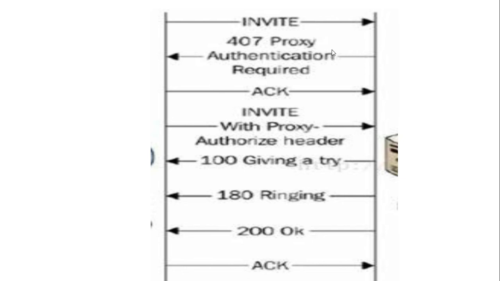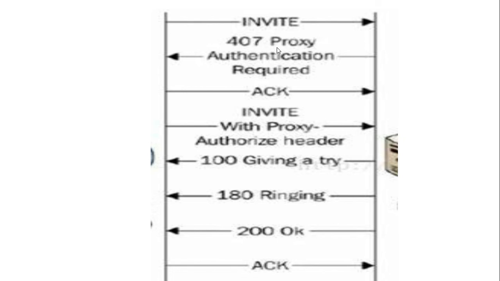Another is proxy authentication based calling. Here your IP might be whitelisted, as they will ask for your IP to be whitelisted. This happens in a public network where you want to make an outbound call, but to make it they will give you a proxy authentication challenge.